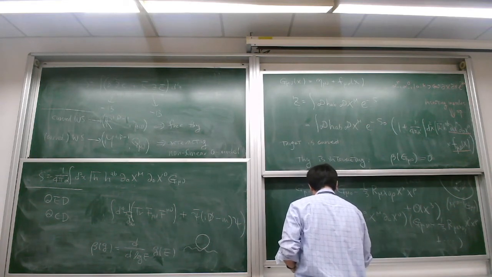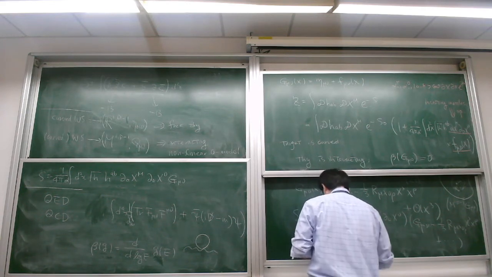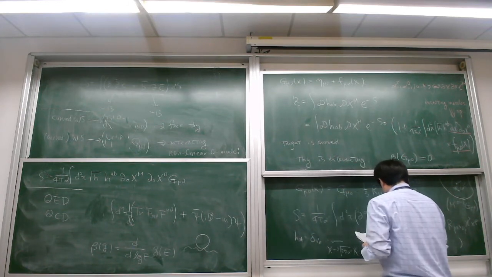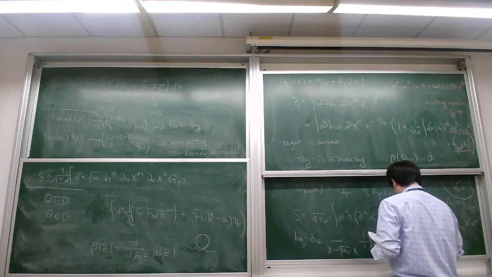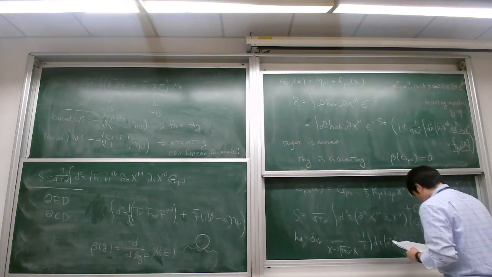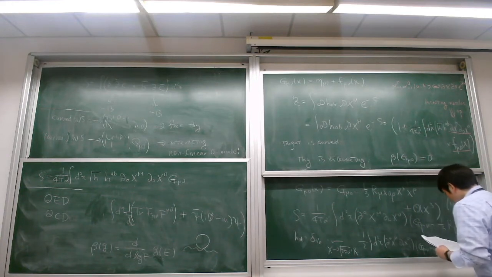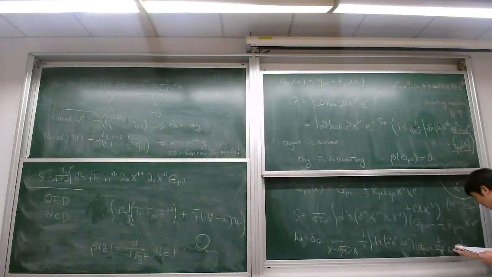So here, if you scale x to the square root of 2 pi alpha prime times x, then this can be written as the usual kinetic term plus 2 pi alpha prime over 3 R mu lambda nu rho x lambda x rho plus dot dot dot.